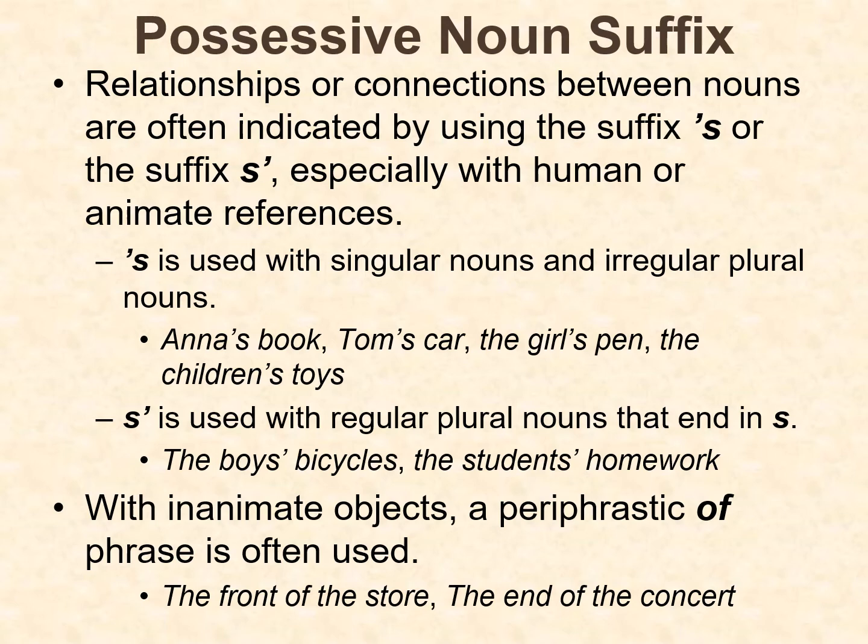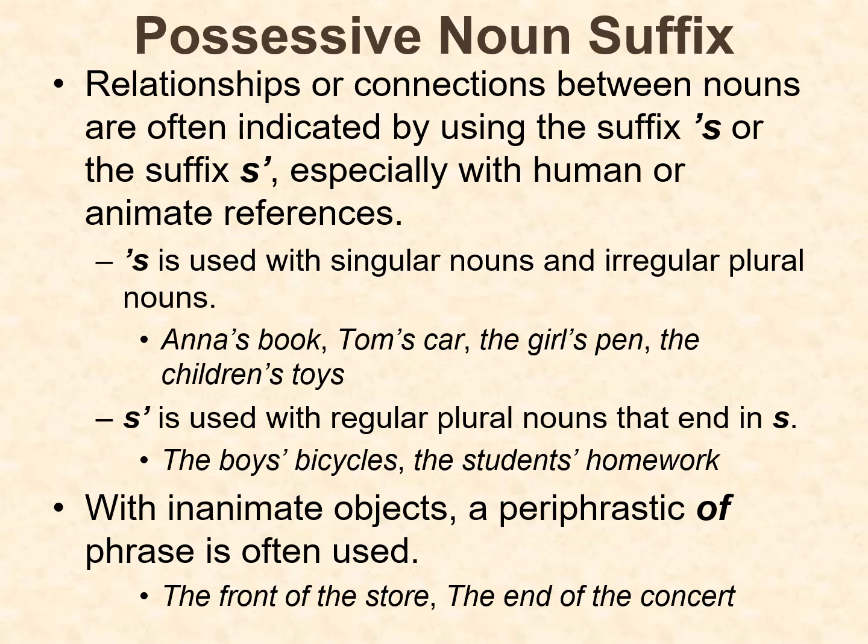When the word that we are using is singular, or if it's an irregular plural, when we are writing, we put an apostrophe and an s. Anna's book, Tom's car, the girl's pen, the children's toys.